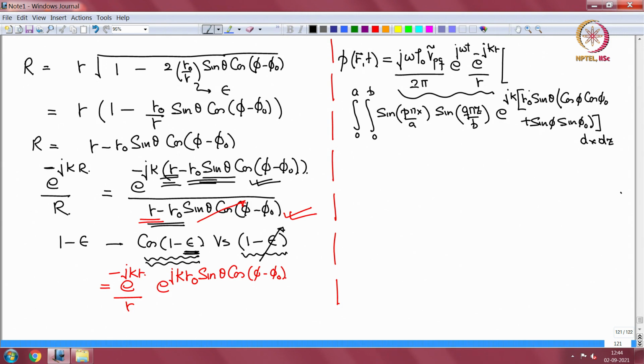However, r0 cos phi 0 is x and r0 sine phi 0 is z, okay.